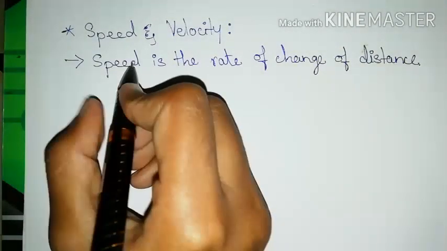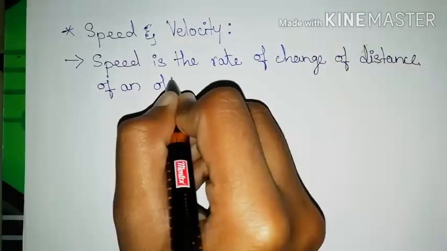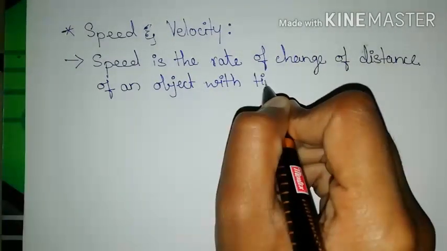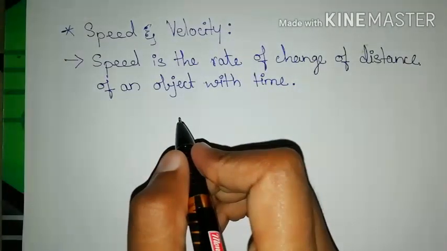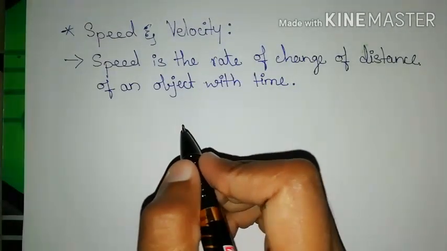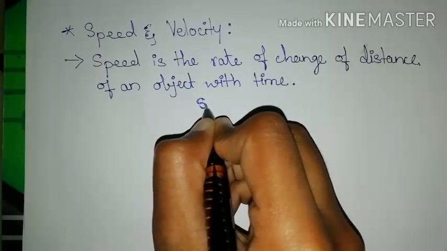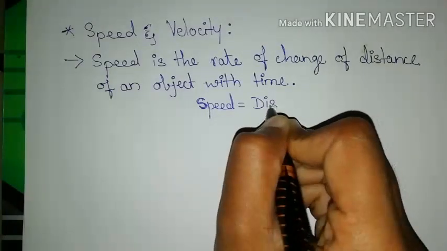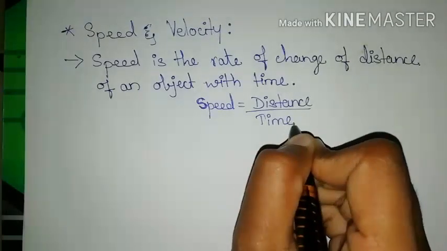Speed is the rate of change of distance of an object with time. In your textbook, speed is written as the word speed itself, but usually we denote speed with a small letter s. Let us write: mathematically, speed is equal to distance upon time taken.